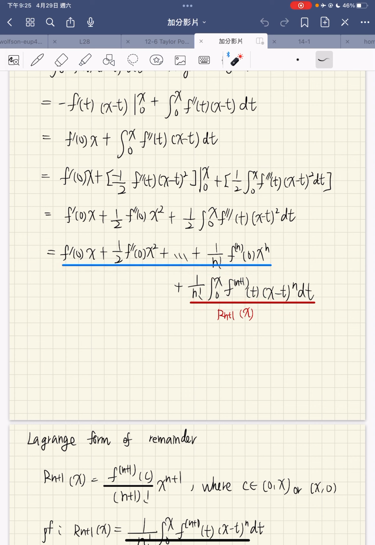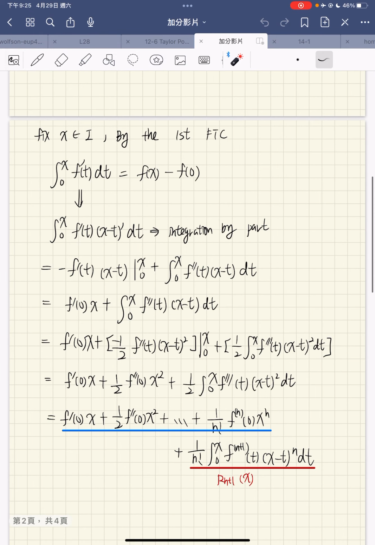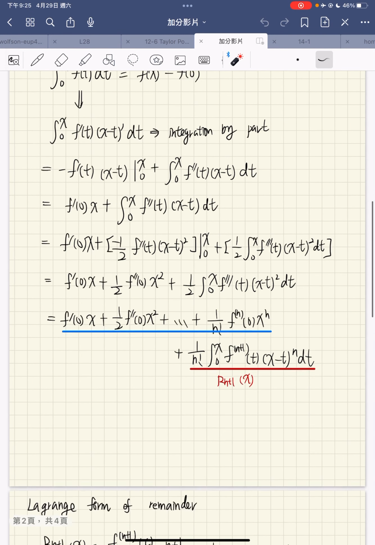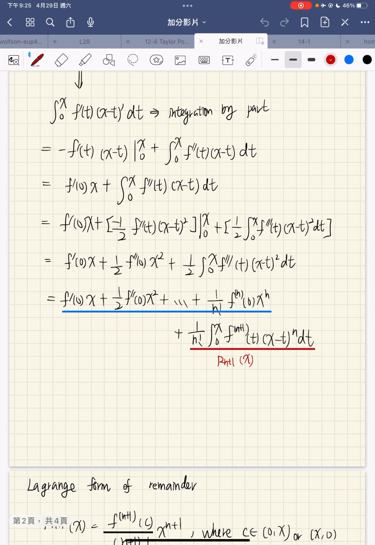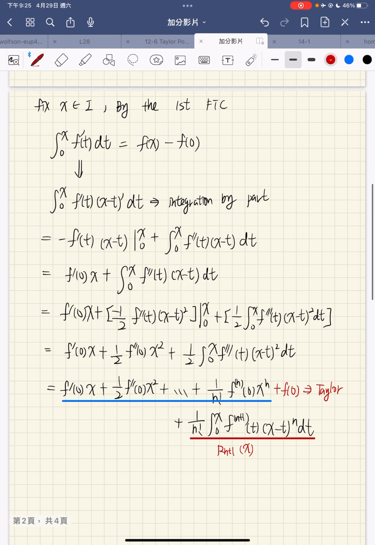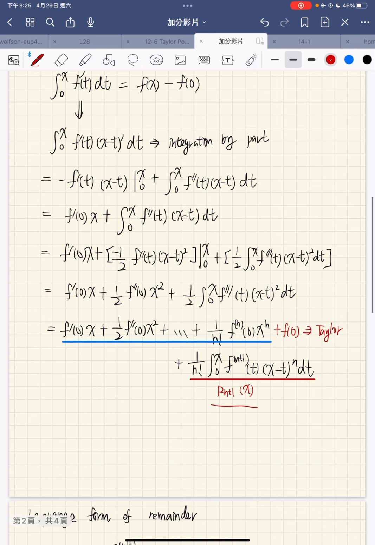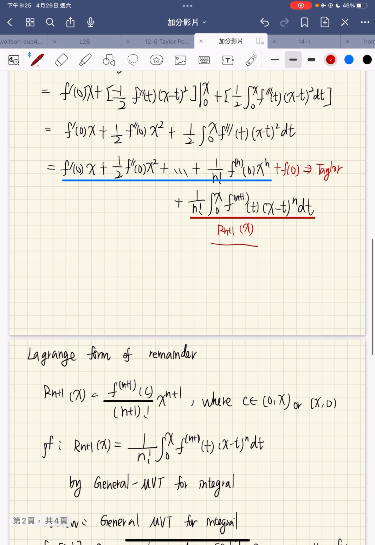This part of the function, plus f of 0, is just like the Taylor series. And this last part is just the remainder of the Taylor series.